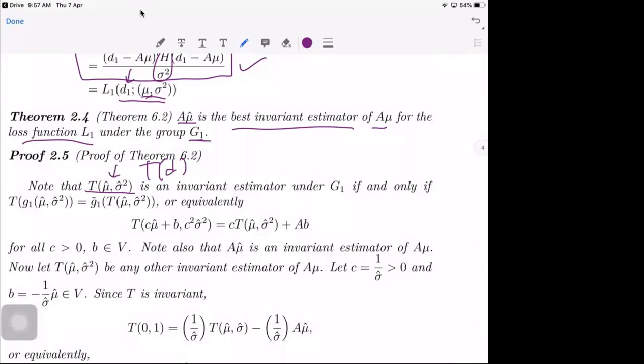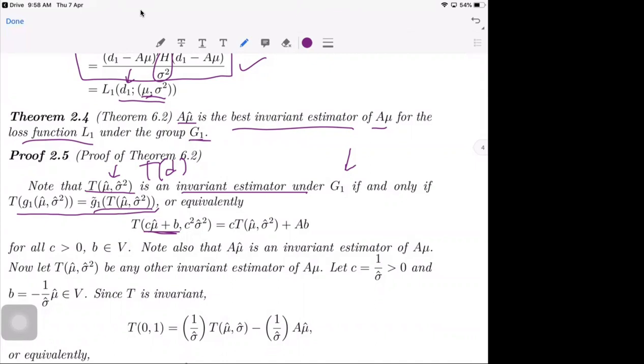No, statistic estimators. So it is an invariant estimator under G1, katong transformation na mag-add ka og component sa first, if and only if you can show this, no? So ang iyang transformation is mag-add kag B sa first component. So T at G1 at mu hat sigma hat, if you can show that it is equal to G1 tilde at T at mu hat sigma hat.